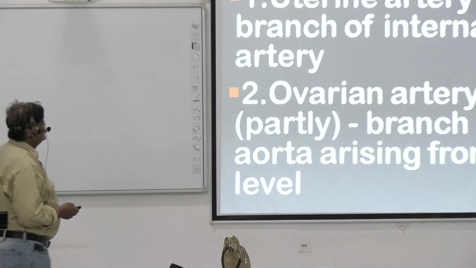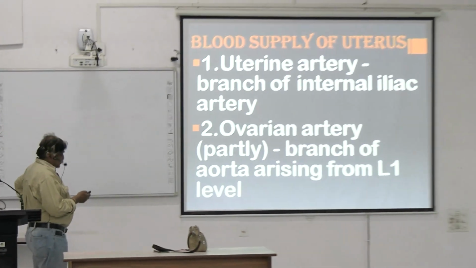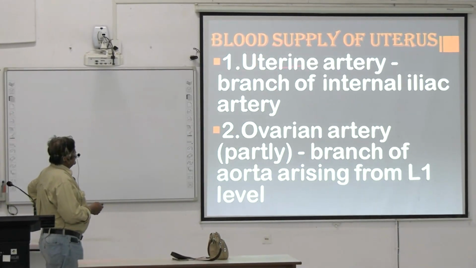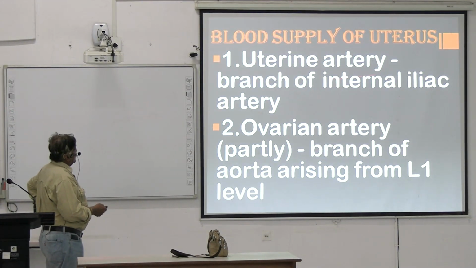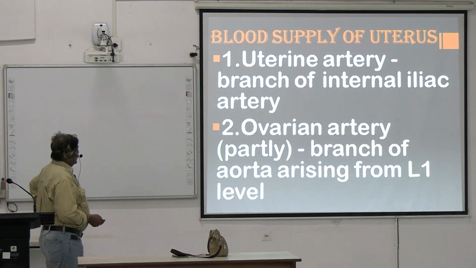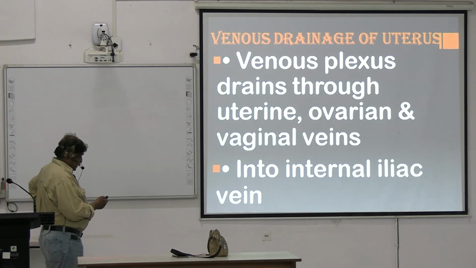Now, blood supply of the uterus: the uterine artery, branch of the internal iliac artery. Second, the ovarian artery, branch of the aorta arising from the L1 level. Now, venous drainage of the uterus: venous plexus drains through the uterine, ovarian and vaginal veins into the internal iliac vein.